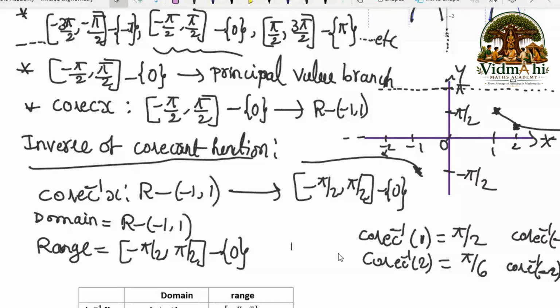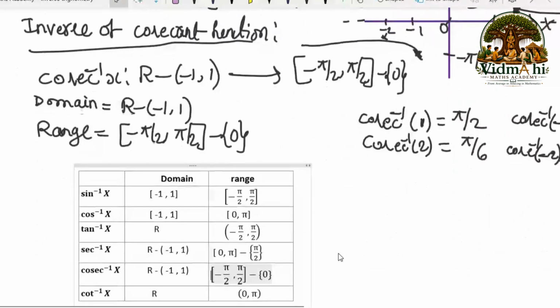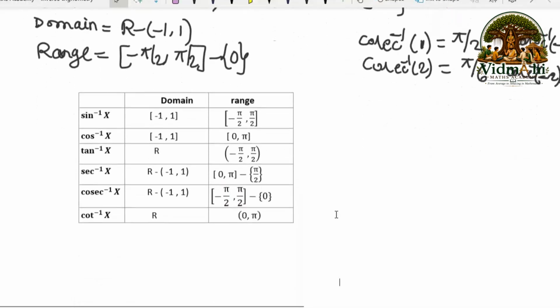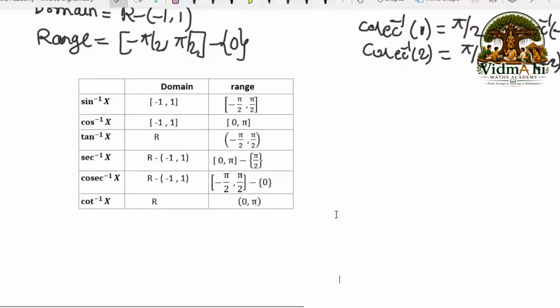Now if you observe the table, this is very important for MCQ. The domain and range concept of inverse trigonometric functions is very important for your MCQ questions.